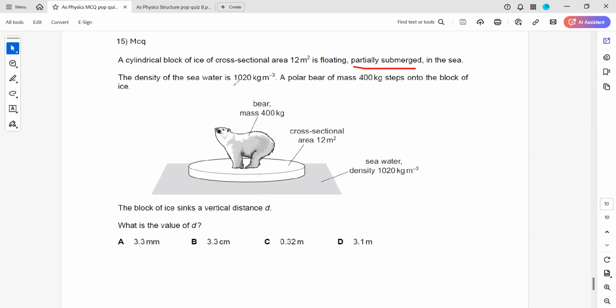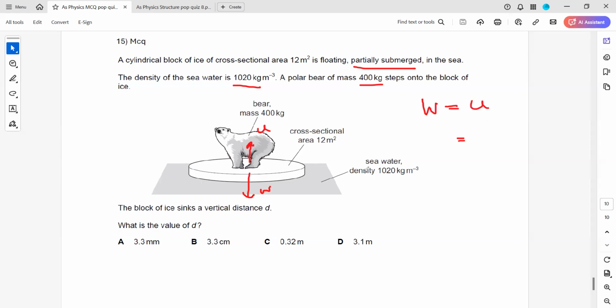The density of the seawater is 1020. A polar bear has a mass of 400 kilograms. The block of ice sinks a vertical distance d. First, because it is floating, weight will be equal to upthrust.